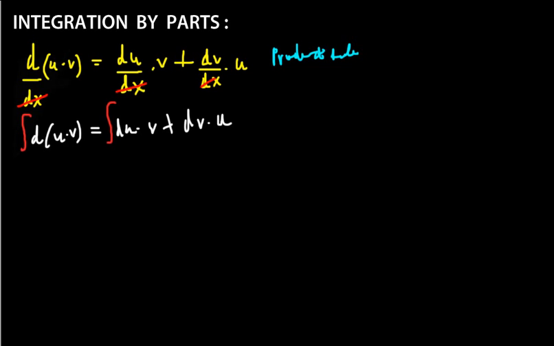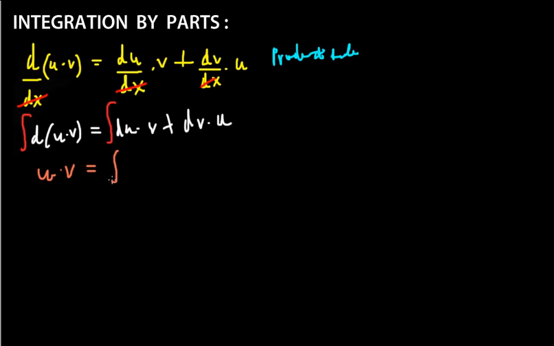Alright, so in the previous videos I told you that the integral of d of something is that something. So this becomes u times v, and if you remember the property of integral that if there's an integral of a summation, then you can individually integrate those and sum them up.